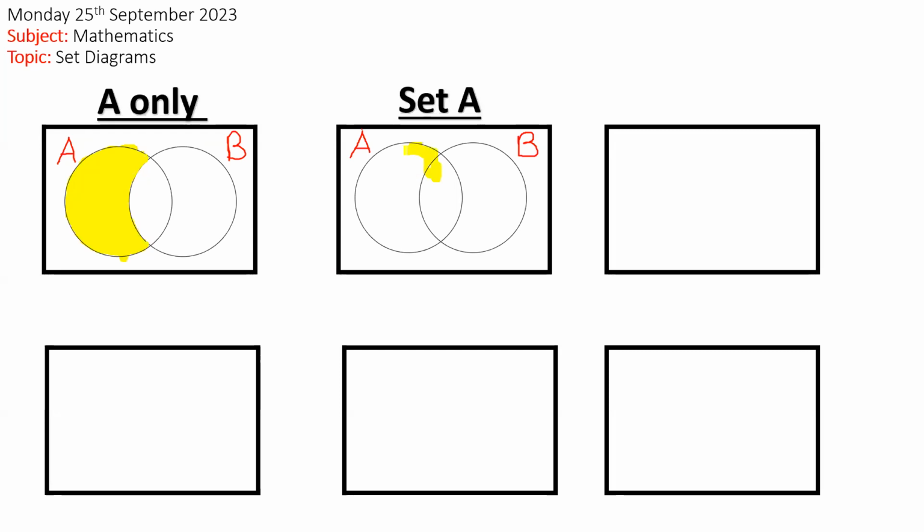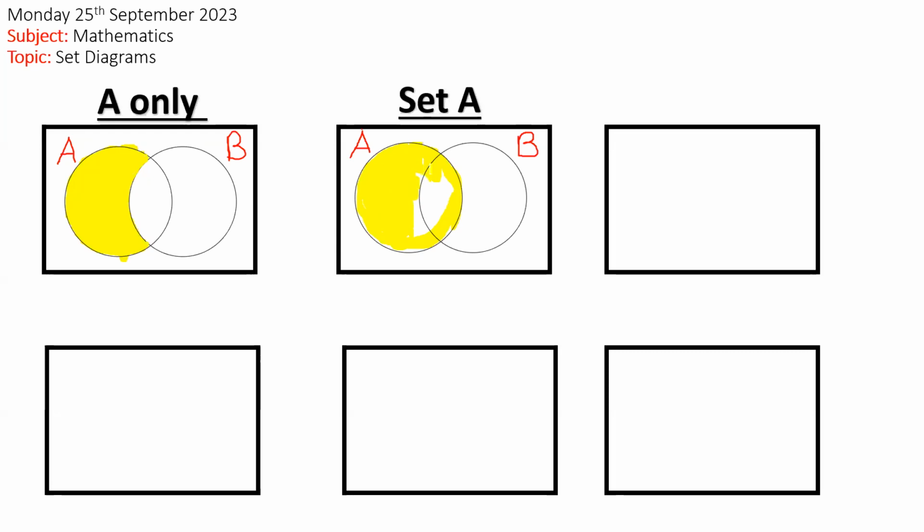So if I ask you for A only, you do not tell me that A only has the intersection. But if I ask you for set A, you have to tell me that set contains also the intersection as well. So set A contains the intersection. If I want all of A, that's going to be A only plus the intersection. But if I just want A only, we do not include the intersection.